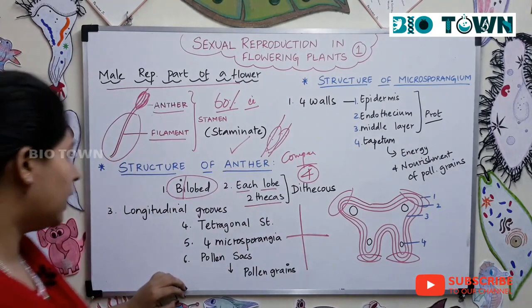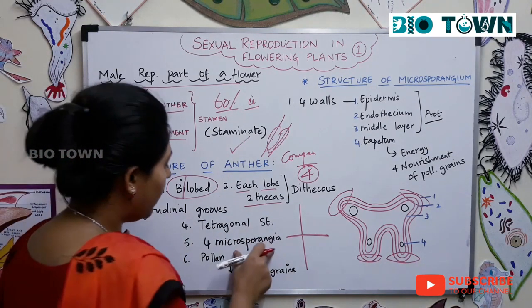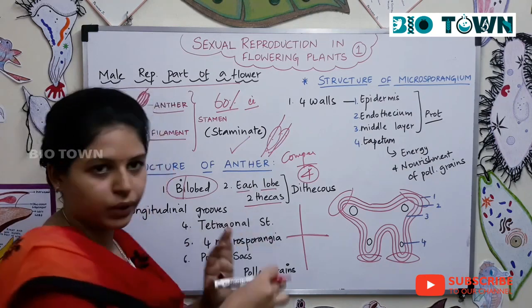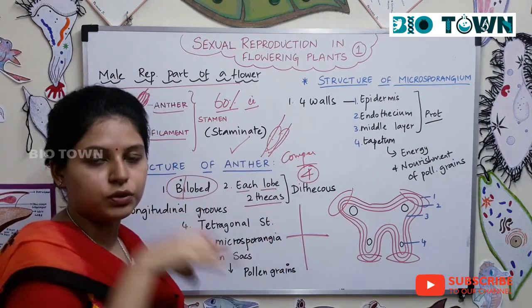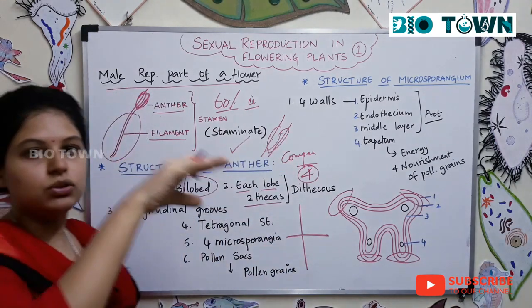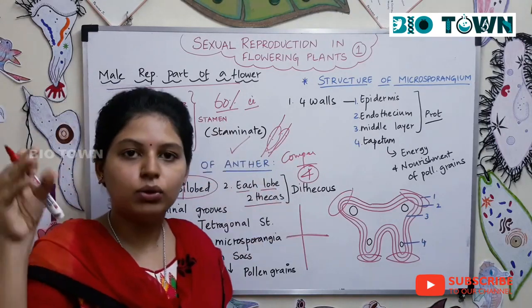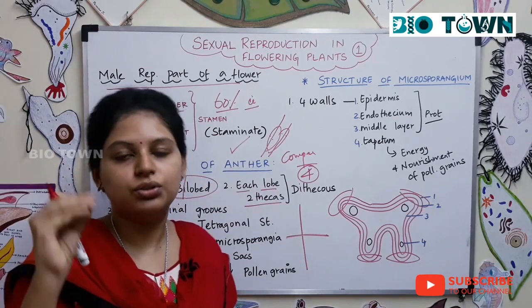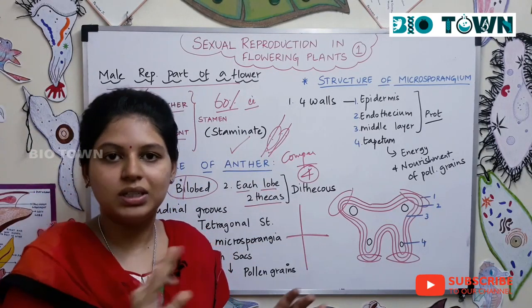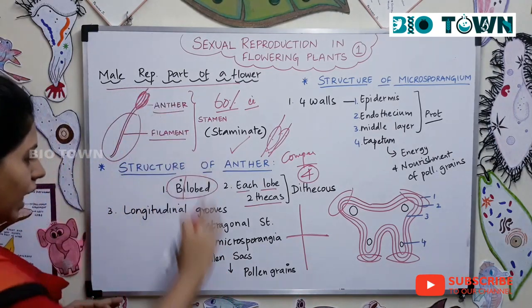And now you call it four microsporangia. So the four thecas you have, each of these thecas will have microsporangia, into which the pollen grains develop. So this is the structure of the anther.